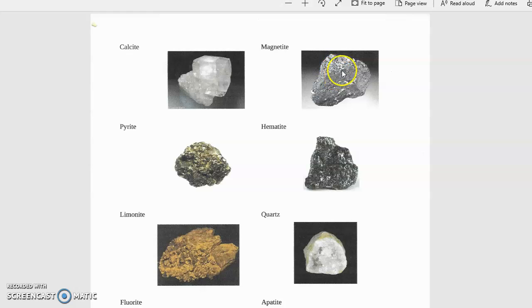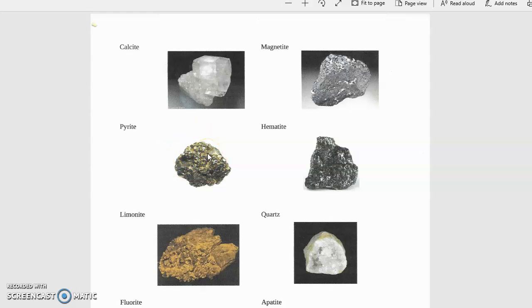The streak, of course, is black as well. The hardness for magnetite is a 6. When you try to cleave it, it will be rather indistinct, so cleavage or fracture is indistinct. And one of the other properties of this, of course, is that it is magnetic.